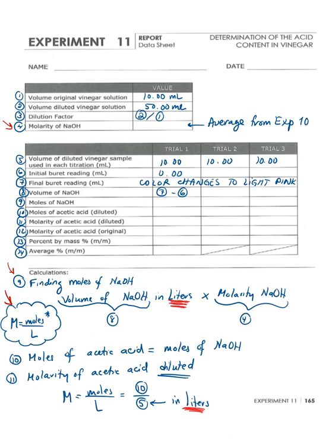In the equation for molarity, it's moles per liter, which means that you have to convert your 10 milliliters to liters. And you can calculate the molarity for your diluted sample. The moles of acetic acid divided by your volume of the sample in liters will give you the molarity for your vinegar sample, the diluted one.